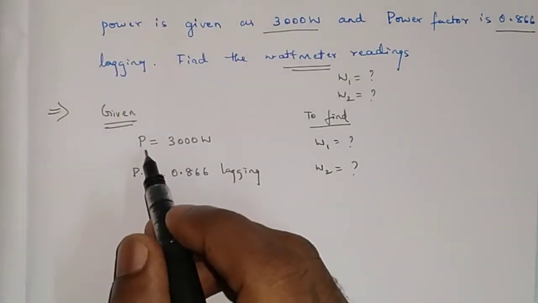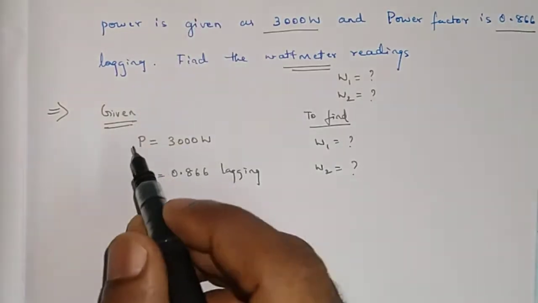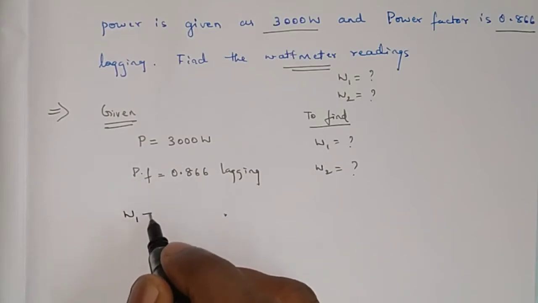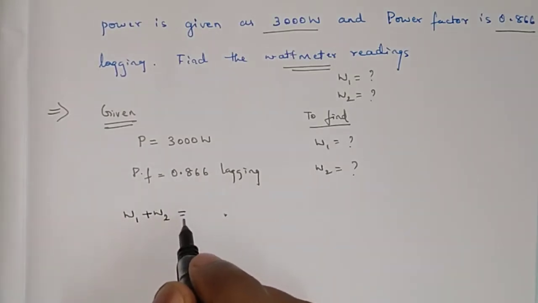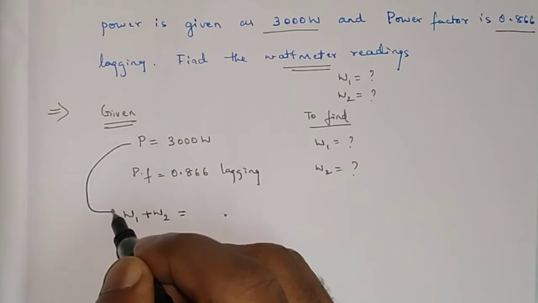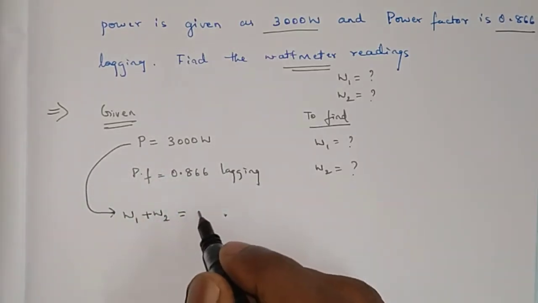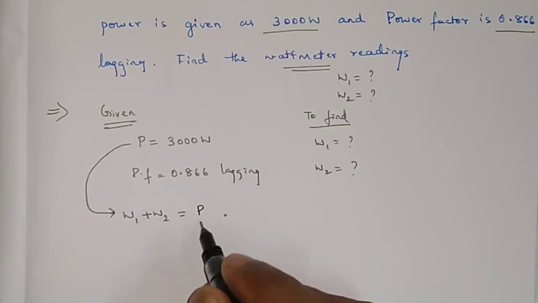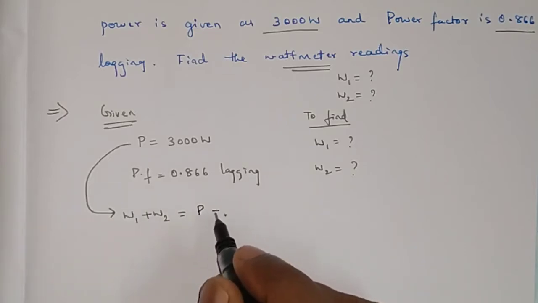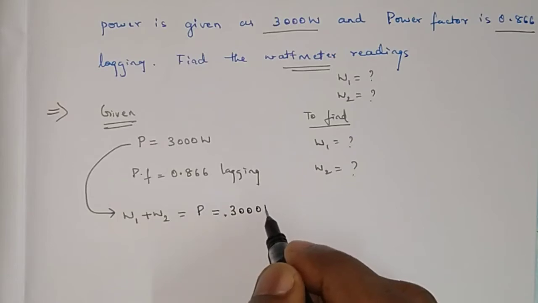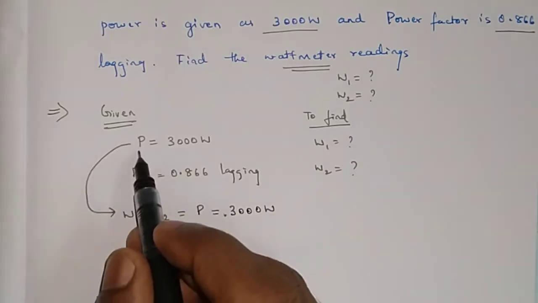Total power comes under the 2 wattmeter method. You know that when you add the 2 wattmeter readings, you will get the total power. So I can write that the power given as 3000 watt can also be written as W1 plus W2. That is what they have given indirectly.